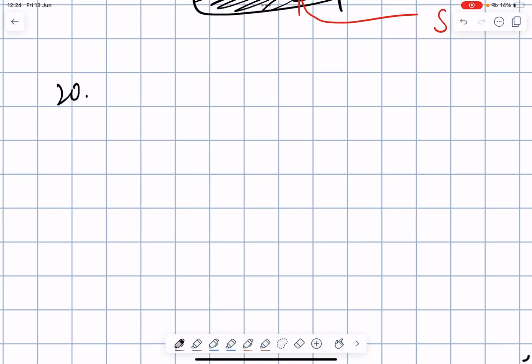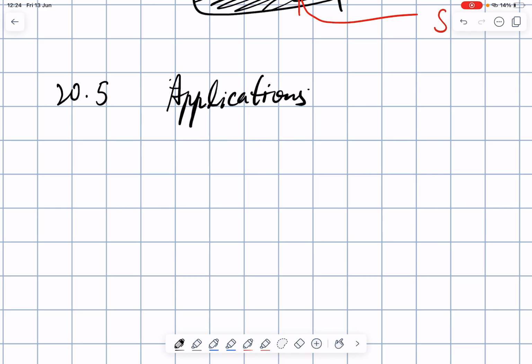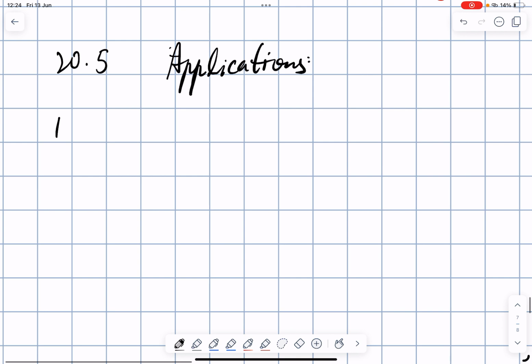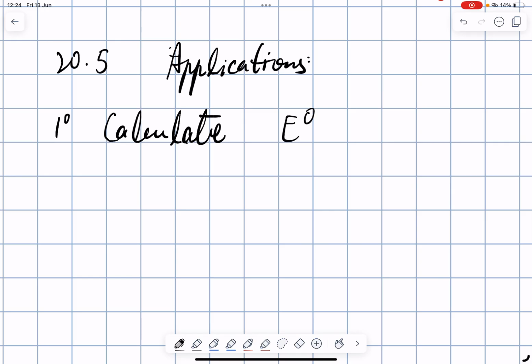20.5 is about the applications of E standard values. Applications. First, the most common application is to calculate E standard cell.